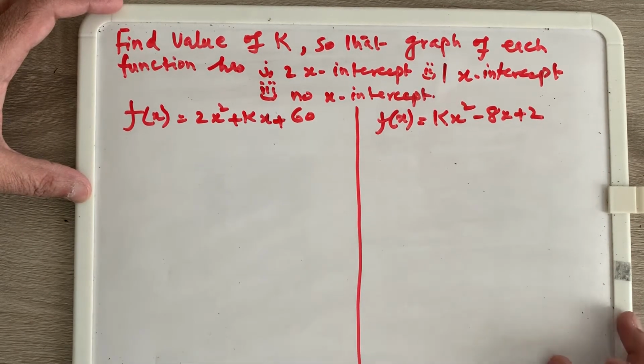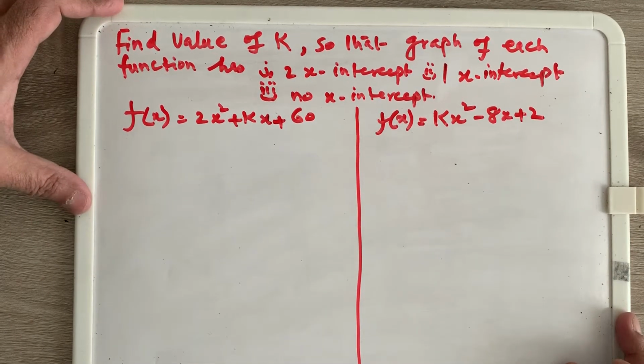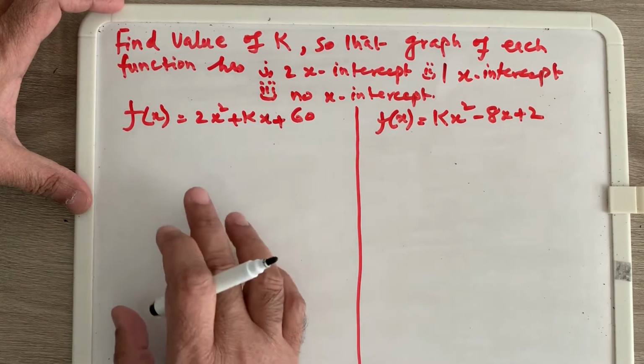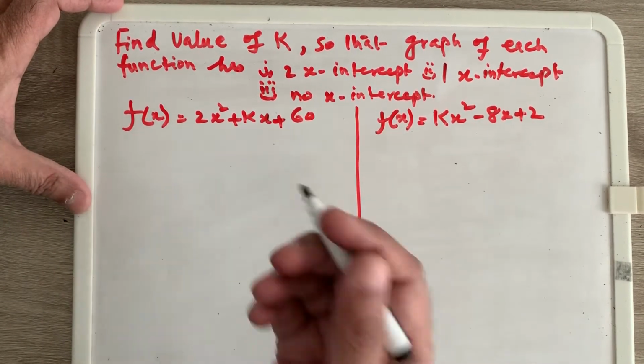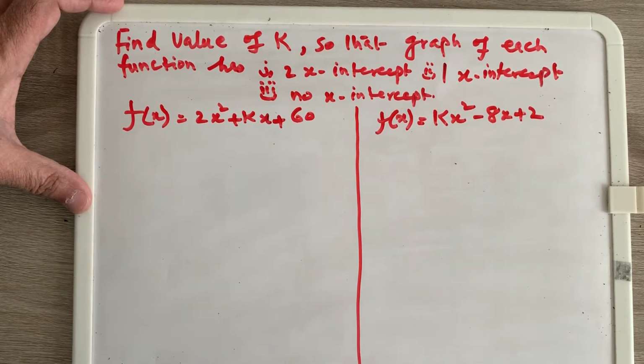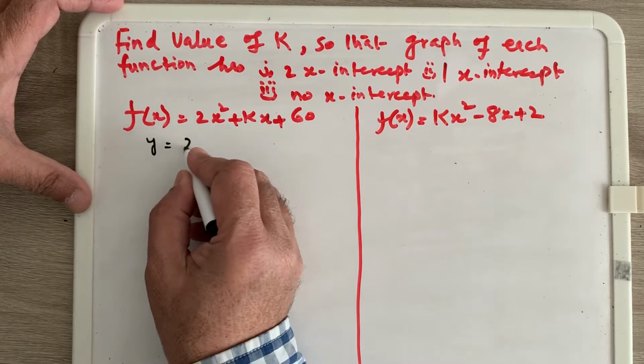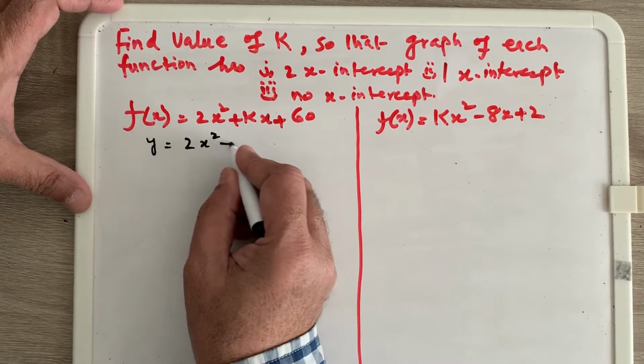From the previous video, as you know, we can calculate the x-intercept by putting y equals 0. So f of x is nothing but y, right? This we have done in the previous class.